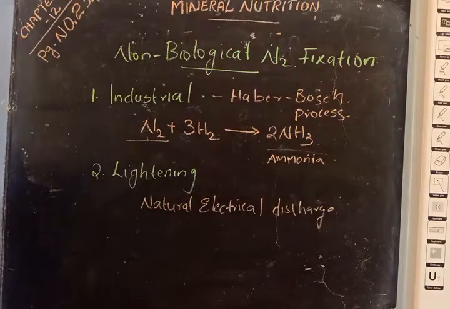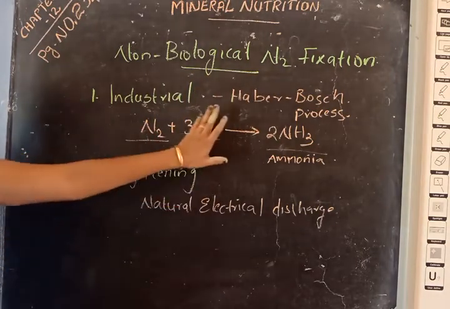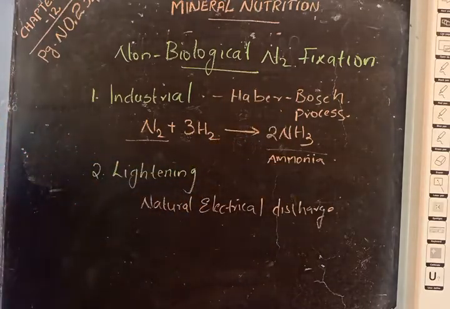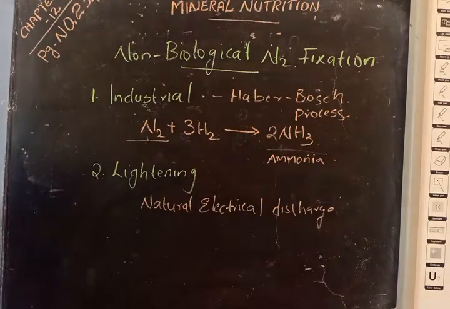So these are non-biological fixation. It is of two types: industrial and lightning. The industrial process is called the Haber-Bosch process, and in lightning, natural electric discharge fixes the atmospheric nitrogen.